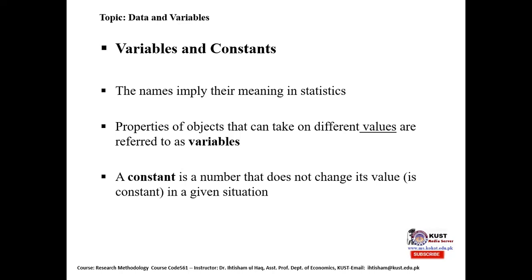In order to differentiate between variables and constants, as we now know that variables are properties of objects that can take on different values, whereas a constant is a number that doesn't change its value in a given situation. For example, that we want to know about the effect of certain methodologies on teaching and student performance.